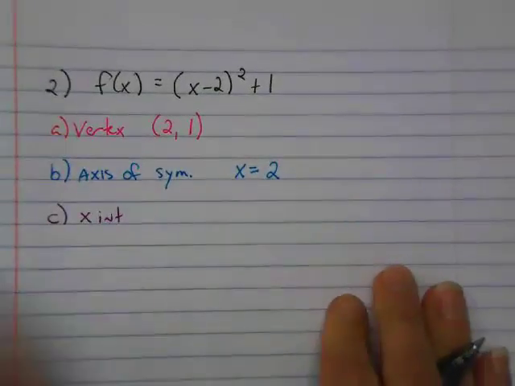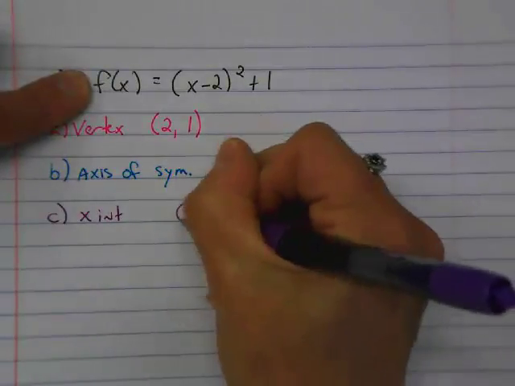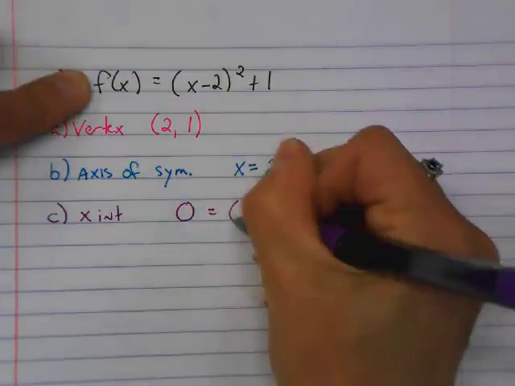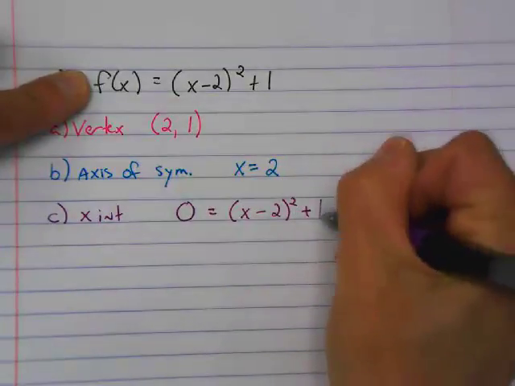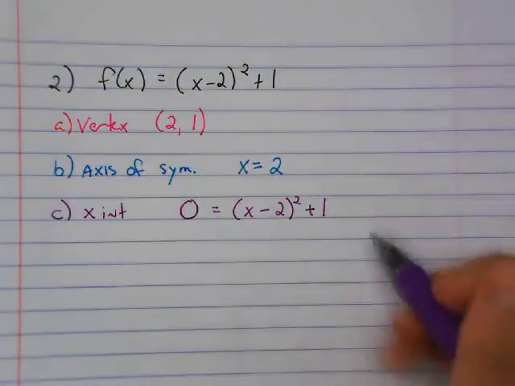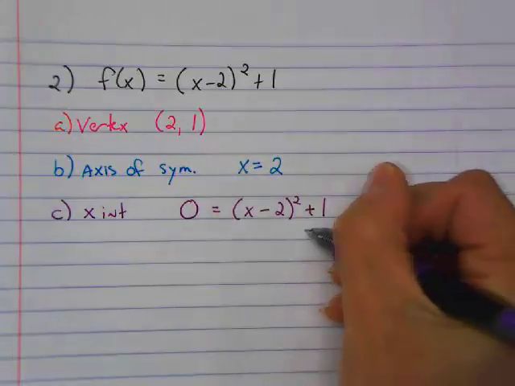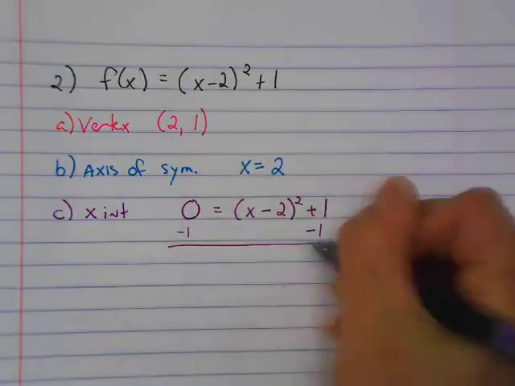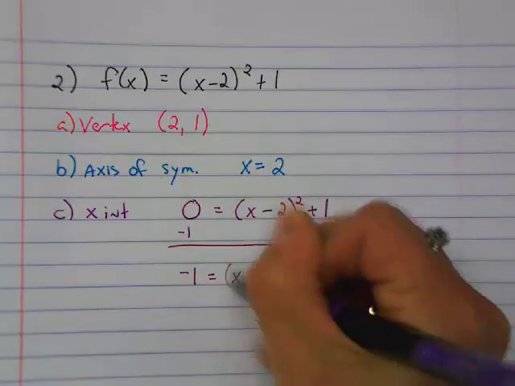So to find the x-intercept, you let f of x become 0, and now you're solving for x. So I like to do this by isolating my variable. So I'm going to go ahead and move the 1 over. So I get negative 1 is equal to x minus 2 quantity squared.